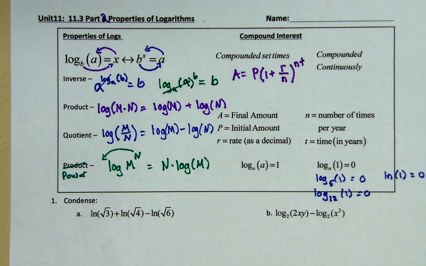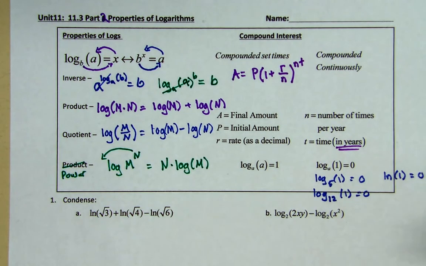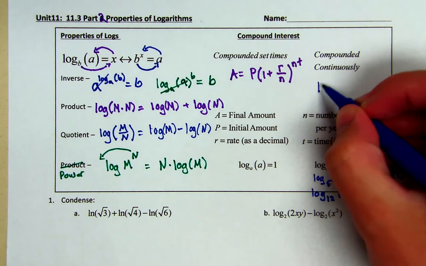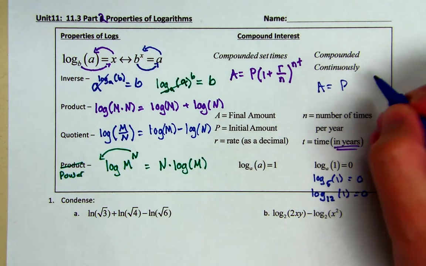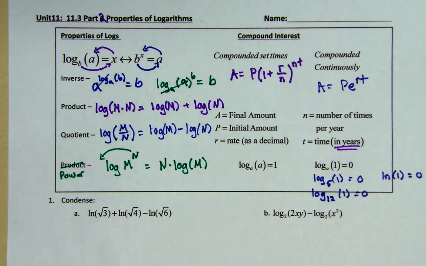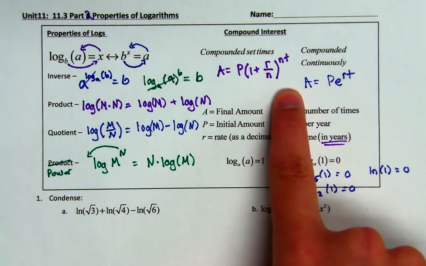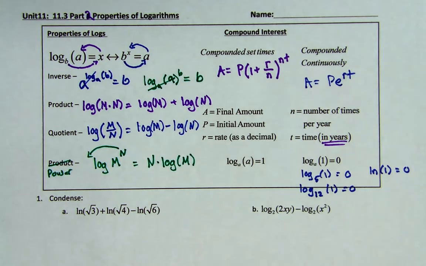Remember, time is always in years. Compound continuously, that's our A equals Pe^(rt) formula, or principal times e raised to the rate times time. Alright, so that's just kind of a general review of properties. This is going to come in handy for 11.4, which you're learning next.